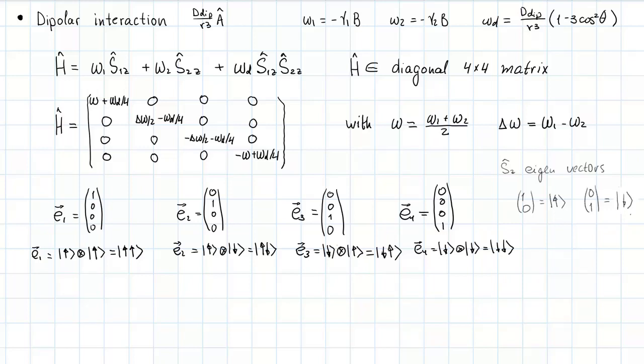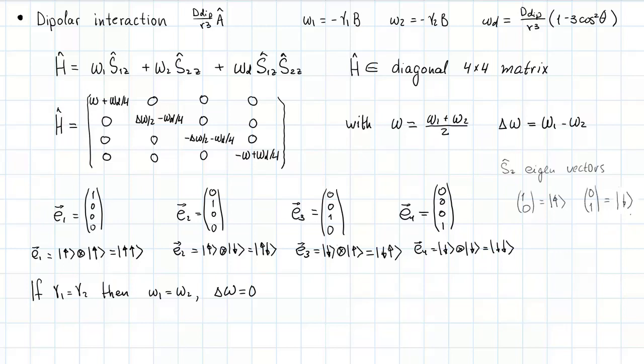Based on these results, I would like to point out an important case, that is, when gamma 1 is equal to gamma 2. In this situation, we have omega 1 equal to omega 2 and delta omega equal to 0.